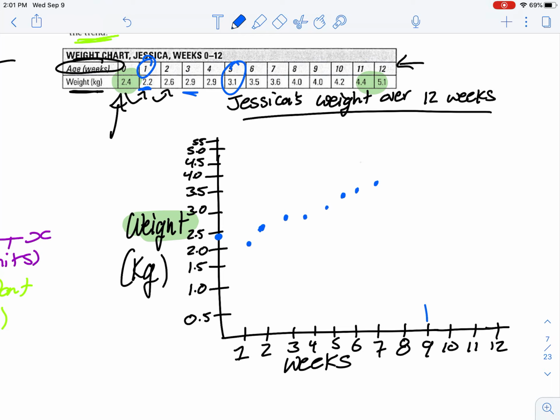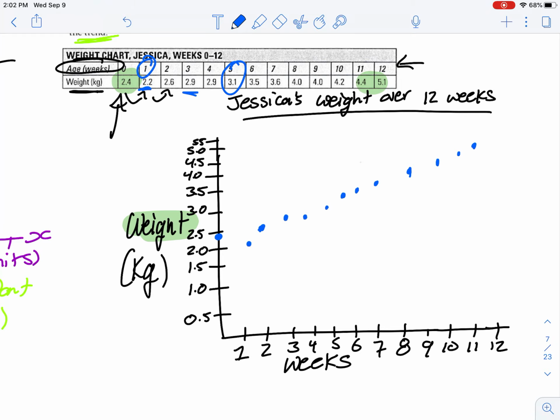So 9, we're gonna go up to 4.0. So that's roughly here, okay? I'm gonna erase that actually. So what was 8? 8 was 4.0. Okay, 9, a little bit higher. 10 is 4.2. And then 11, and then 5.1.